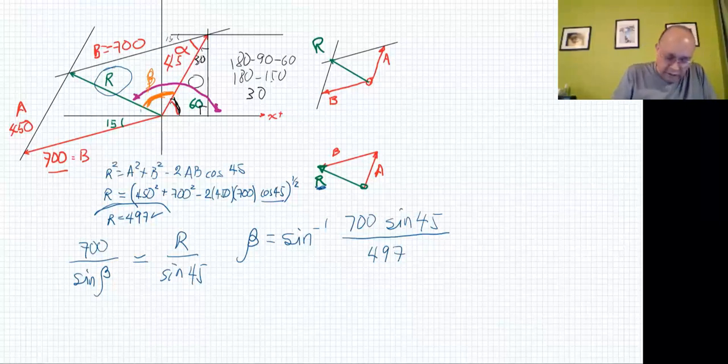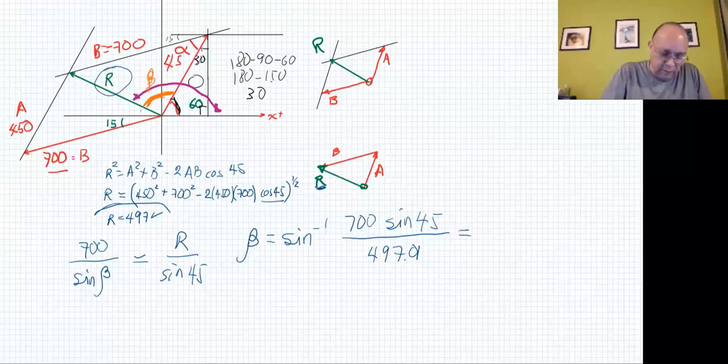Let me do it here really quickly. 450 square plus 700 square minus 2 times 450 times 700 times cosine 45. Right, square root of answer. 497.01. Okay. What did you get if you do this? What do you get if you do that? 700 times sine 45 divided by answer.